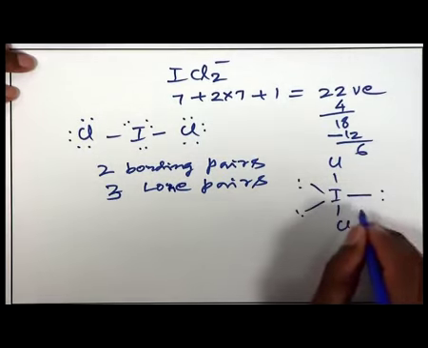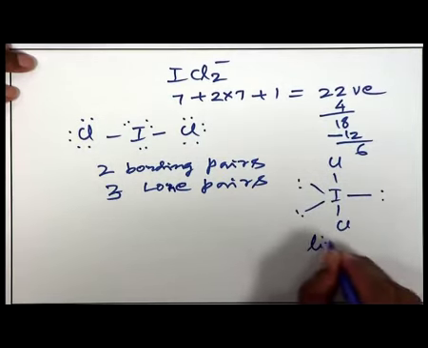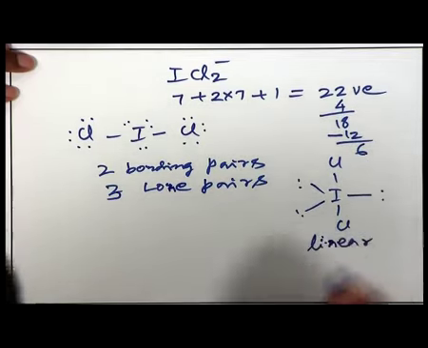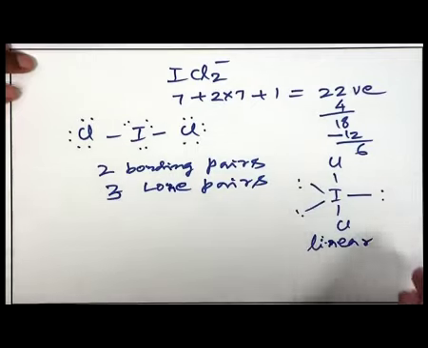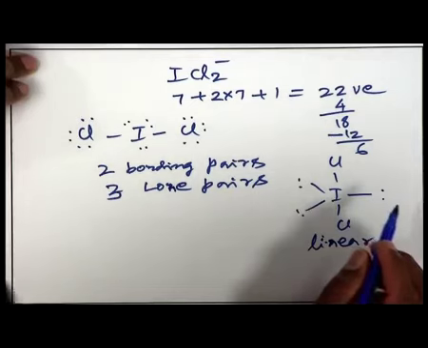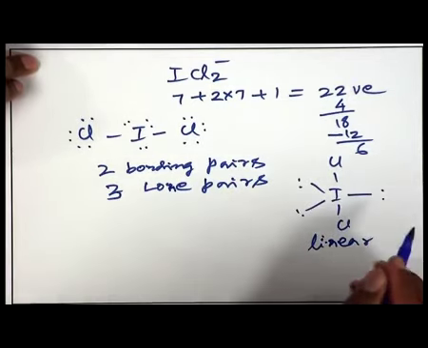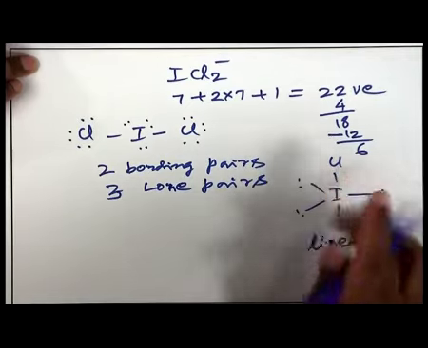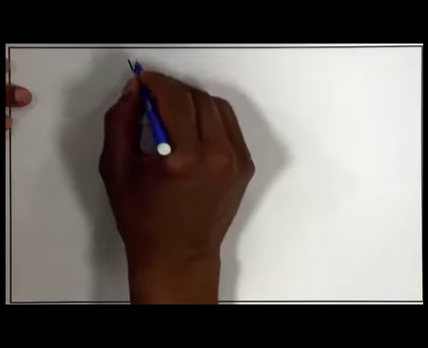The shape of the molecule is linear, because we should not include lone pair positions to tell the shape of the molecule. So it is linear in shape.